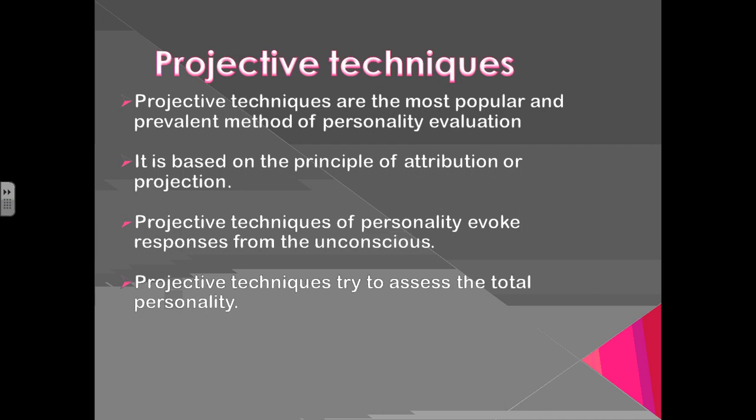In doing so, he unconsciously projects his own desires, hopes, fears, repressed wishes, etc. and thus he does not only reveal his inner or private world, but gives proper clue for an estimate of his total personality.